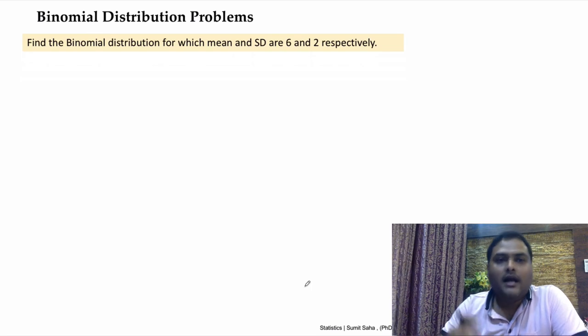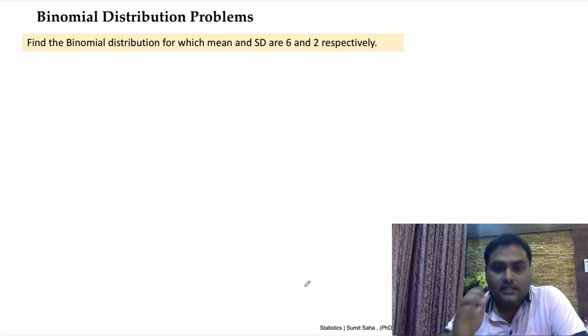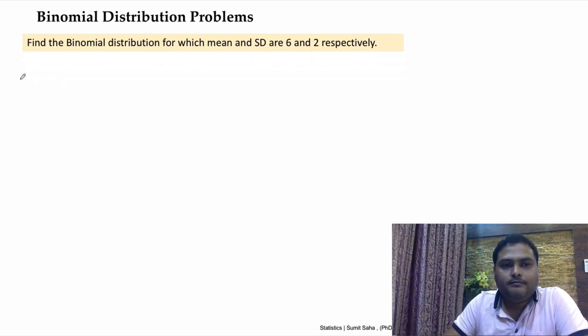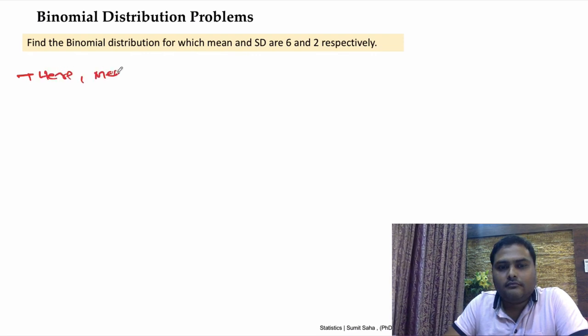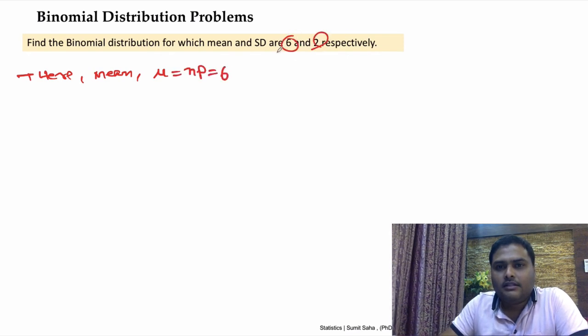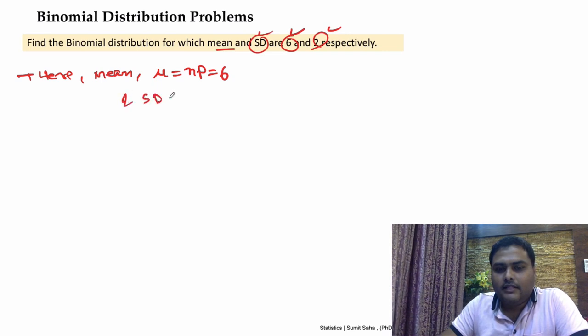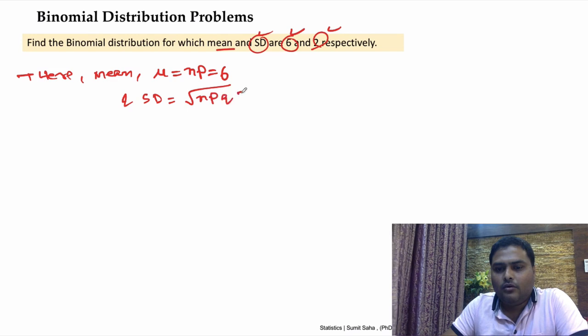So in this case I need to find the binomial expression. Here it is given that mean mu is nothing but n into p, which is 6. Mean is given 6 and standard deviation is given 2, and standard deviation is nothing but root over npq, which is 2.